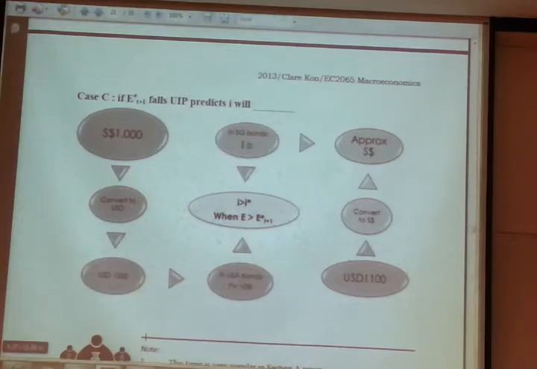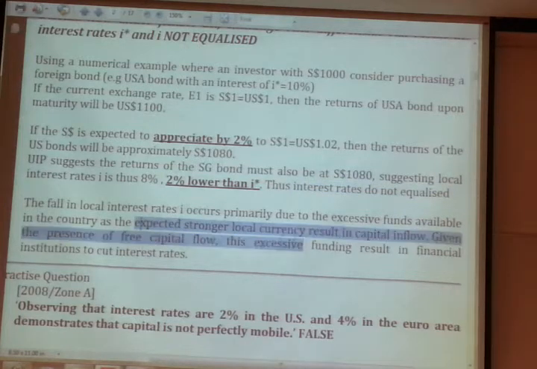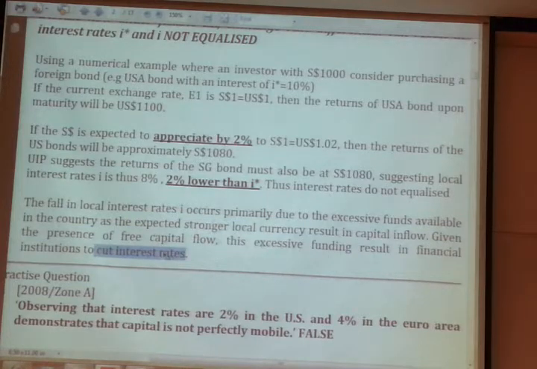Then of course, highlight the economic intuition. The reason why the interest rate in Singapore drops is because the Sing dollar is going to be stronger, funds will flow into our economy. So in other words, there's excessive funding, and financial institutions will therefore cut our interest rates.